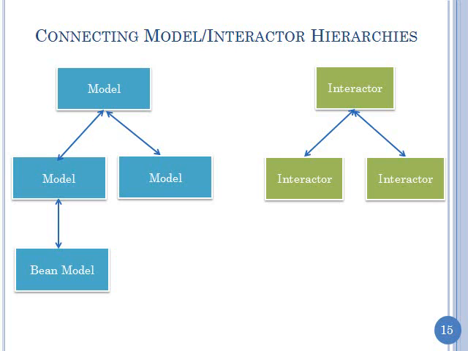And then, of course, you can connect model and interactor hierarchies, and how you connect depends on the exact hierarchies. Again, there's no constraint being put there, but things can get complex, and the decisions you take may not be the best ones, but don't worry too much. Just do what is easiest.